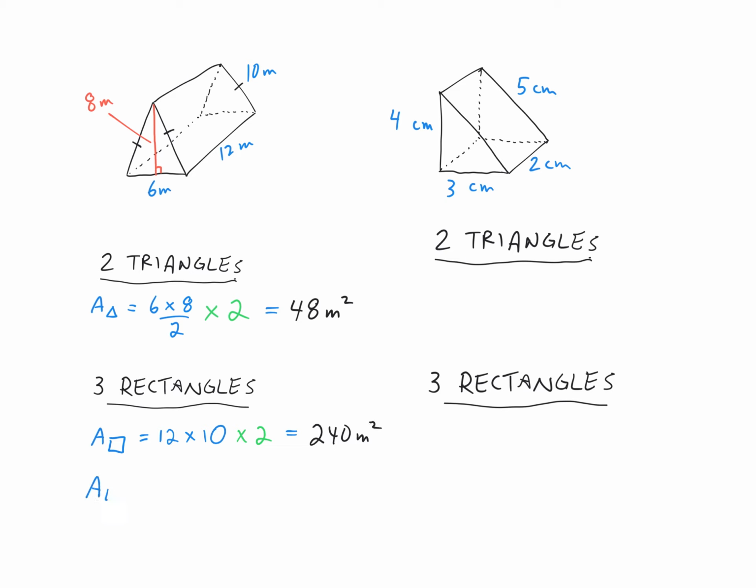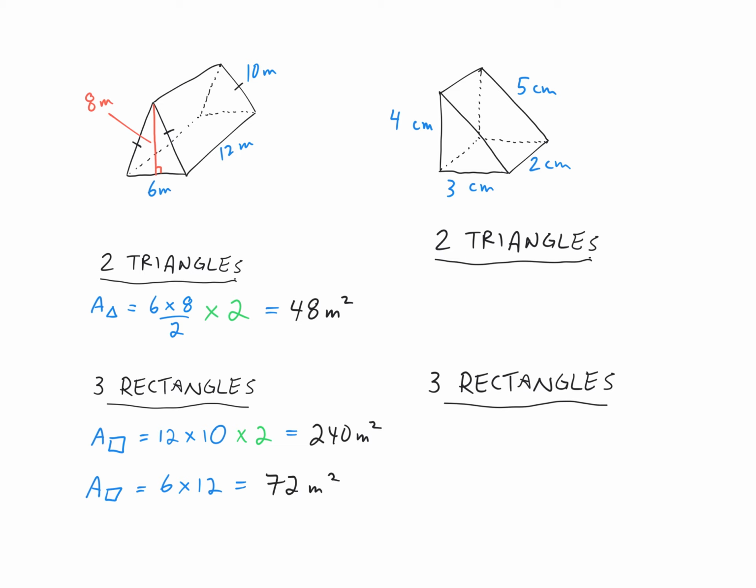The area of the bottom, I just went over, is 6 times 12. And I'm not multiplying it by 2 because there's no pair for this bottom. It's not matched up with a side that's equal to it. So 6 times 12 is 72 meters squared.